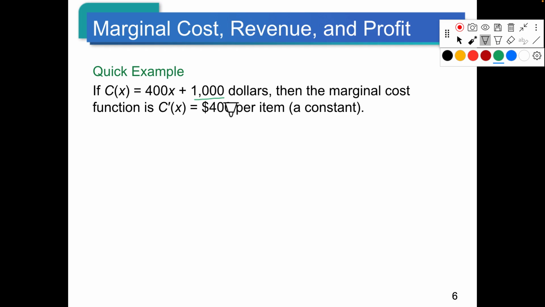Whatever we're going to make, we have to have a setup cost. How much does it cost us to make each one? That's the variable cost. Each one we make is going to cost us 400. So we could do this with algebra. We could say it's going to cost us $400 more to make the next one. That's also our marginal.